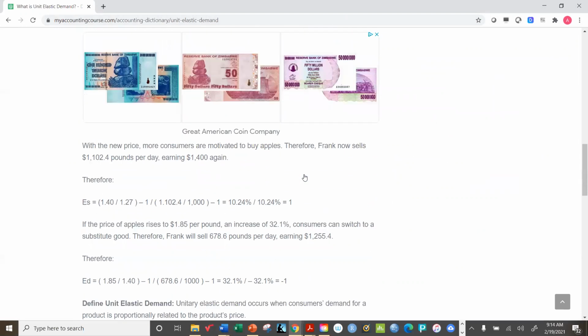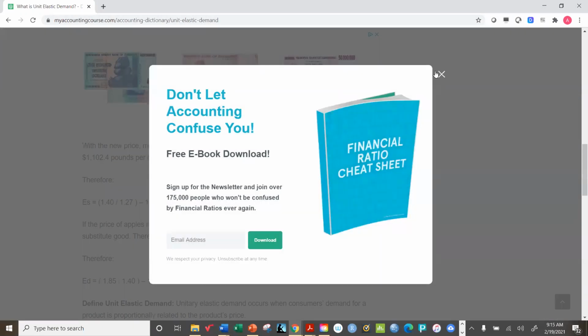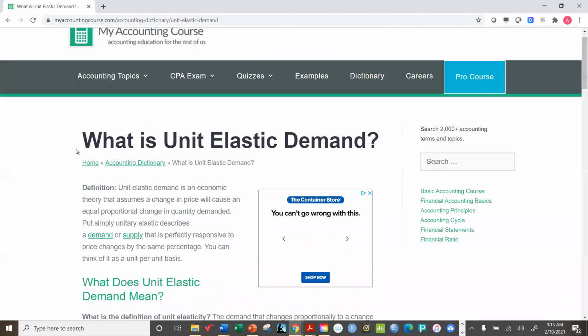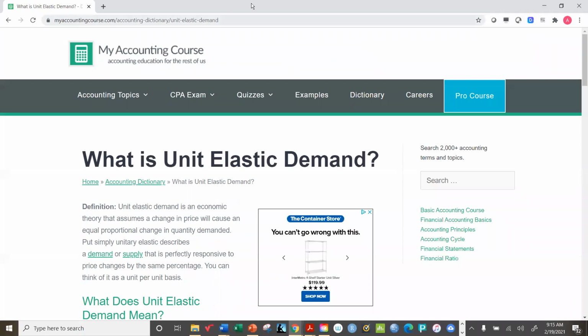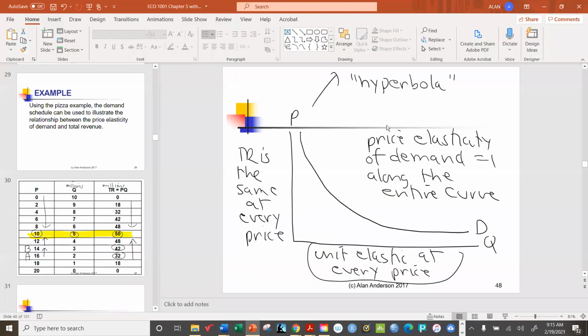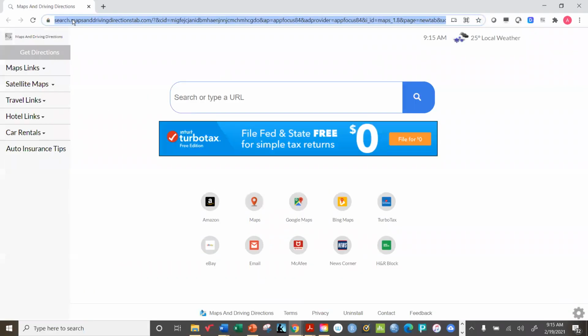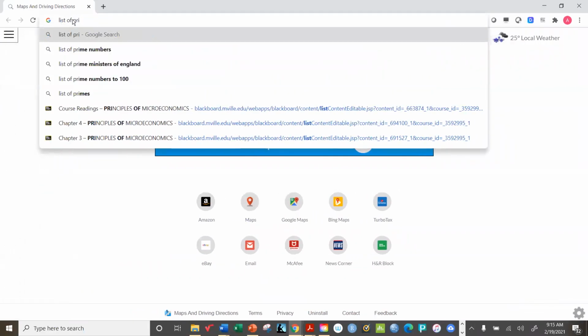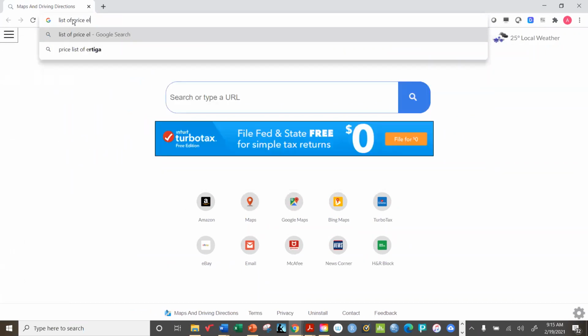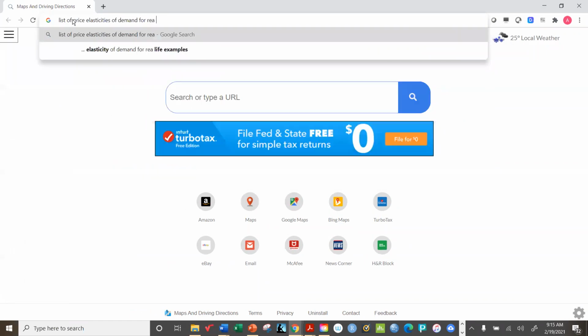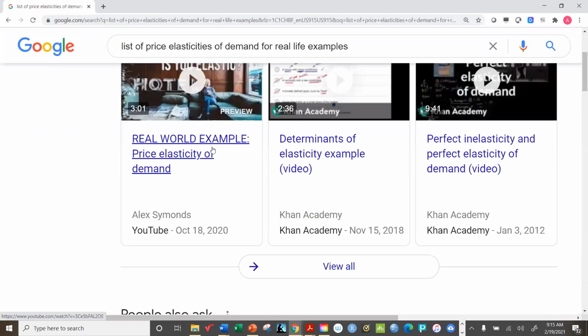We'd have to do some research to see if there does exist such a thing. There may not be an actual product like that in the real world, but we have to allow for the possibility that it could happen. So now what we can do is maybe find a chart, a list of price elasticities of demand for real products, real life examples. Okay. We might be able to come up with a chart.